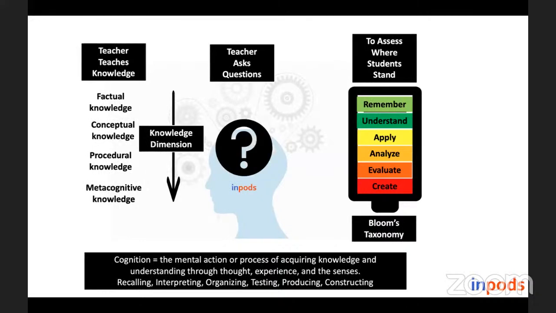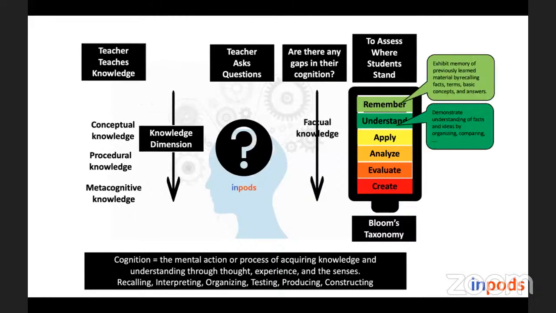If I want the student to be able to apply something, I will give them a problem to solve, because I expect them to now use the solution which I have taught them to solve some problem, and I will design an assignment accordingly. So the whole purpose of asking the question is never to pass or fail the student, actually. It is always to see whether the students have reached the desired level of cognition.